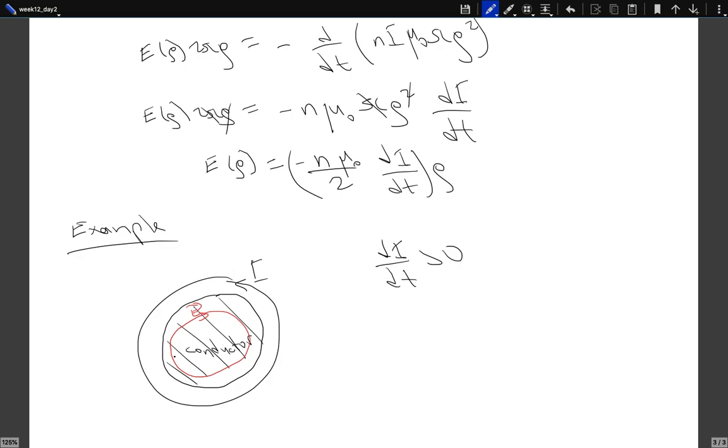Well, that will be the second thing. You see, we had said that inside the conductor there cannot be an electric field if we are in electrostatics. This is definitely not electrostatics. The current is changing with time.